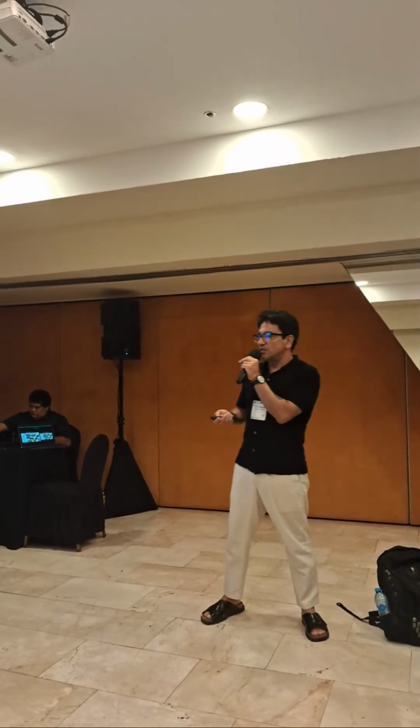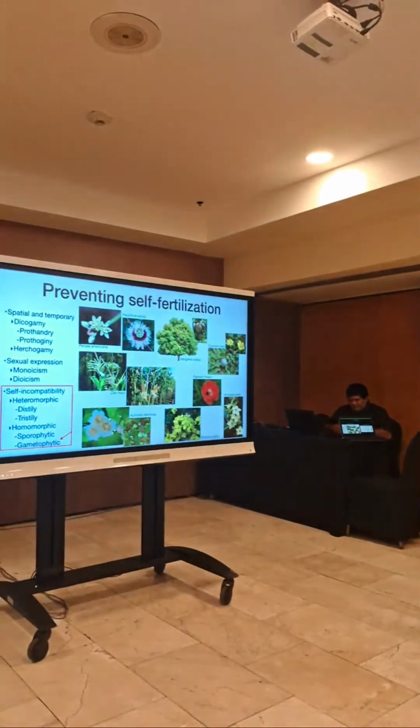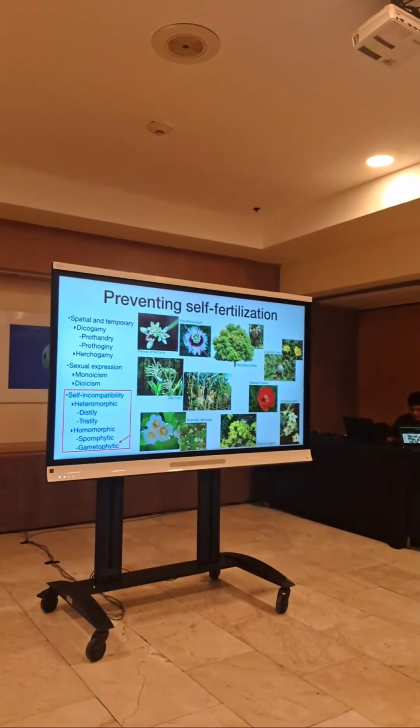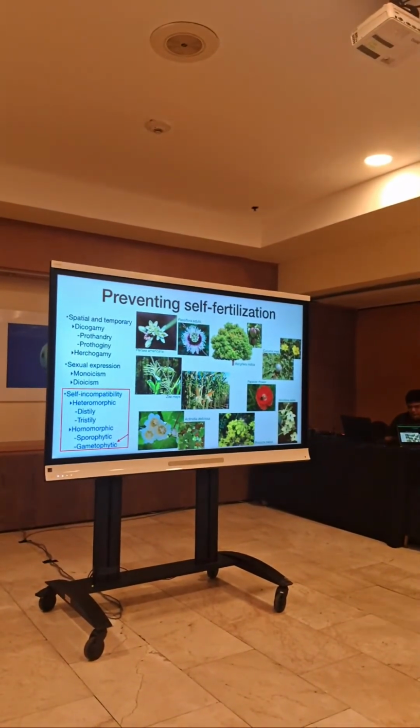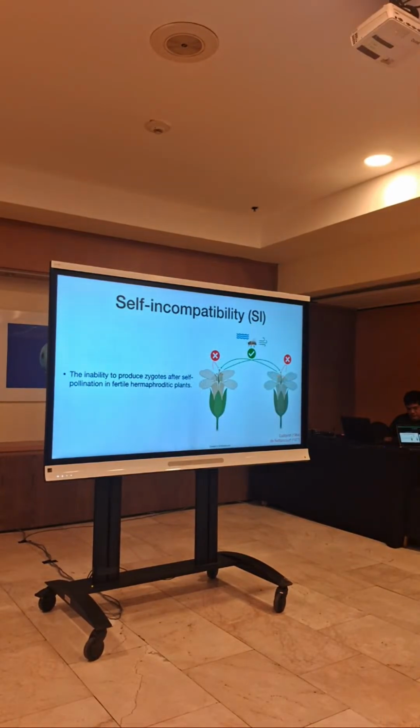The strongest ones are those that are genetically regulated, which is self-incompatibility. So in the morning we heard about the Papaver system. We're going to hear now about Nicotiana, but just on the surface.